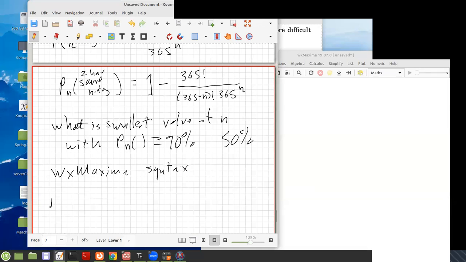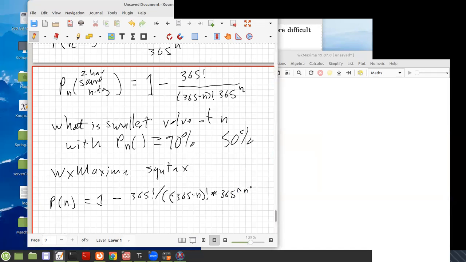So what we want here is P of n equals 1 minus 365 factorial divided by, remember the parentheses here, then another parentheses, (365 minus n) factorial times 365 caret n, close parentheses, and this would give you the formula.